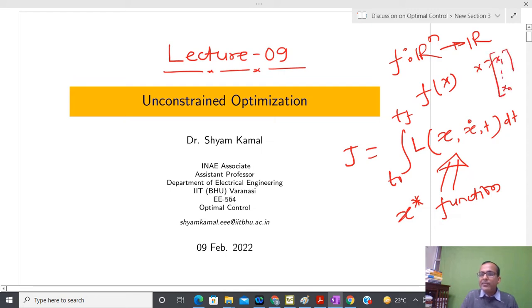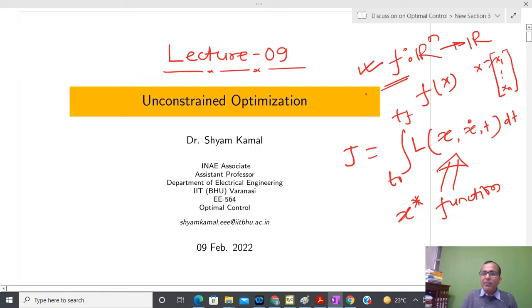If some extremal point of f exists, it will exist at some point x1 star, x2 star, xn star. So somehow I am going to find the point, or column vector, such that it is going to extremize this particular function. Since this column vector lies in a finite dimensional space, this class of problem is called a finite dimensional optimization problem.